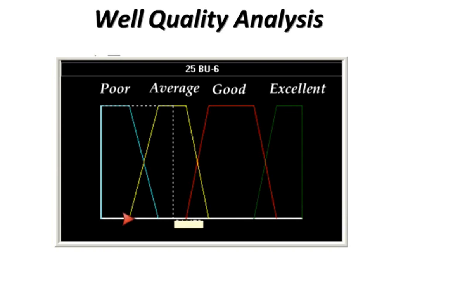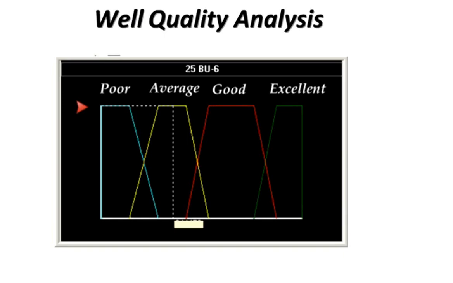As you move to, for example, here, then you will see that the well is partially average because it hits this line, and then it's partially poor because it hits this line. In this particular example, this well that's producing at this value right here is an average well because average well has the highest membership right here.